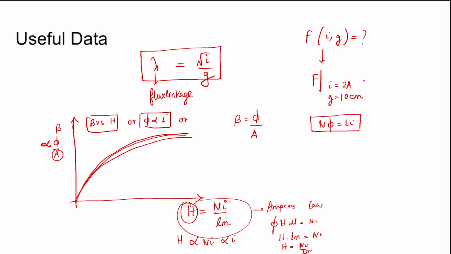Now N phi is the flux linkage, also known as lambda. So lambda equal to Li. This must also be proportional to N phi because N is constant. So this is proportional to lambda and this is proportional to I. So this is also the lambda versus I curve characteristics.